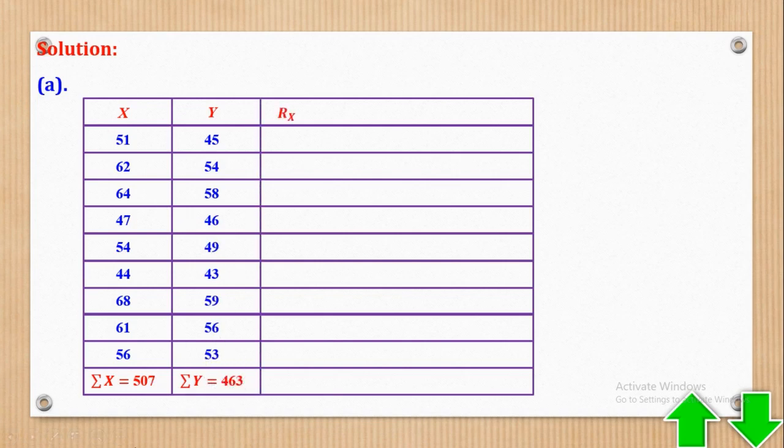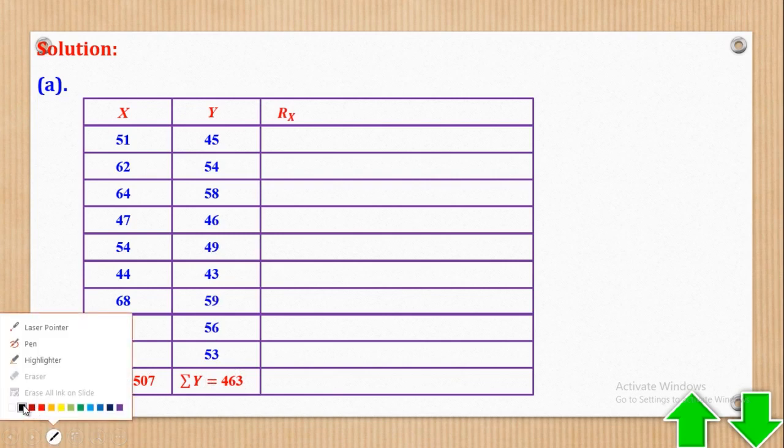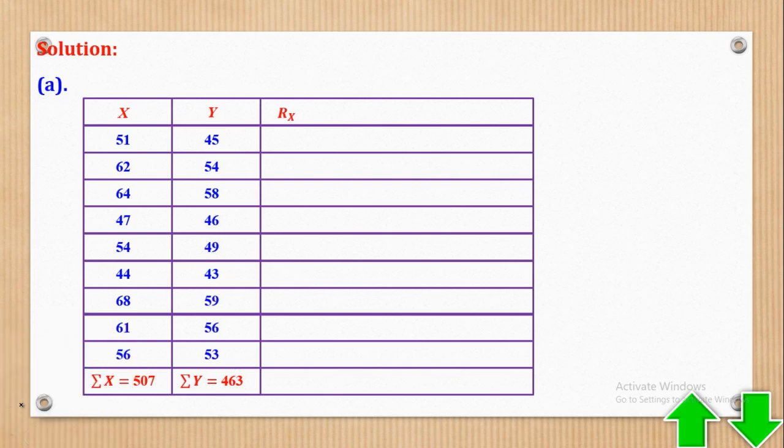The next is to put the ranks of x. Now ranks of x, ranking is done starting from the highest going to the lowest. So of these values, we are going to look for the highest.